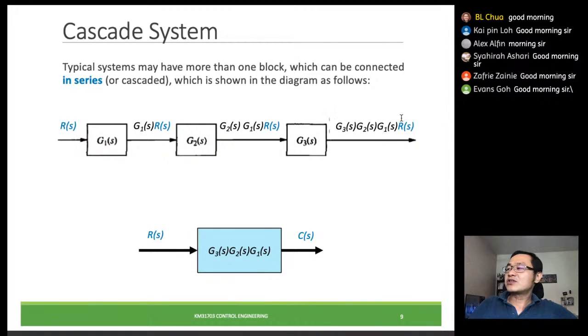Eventually the simplified transfer function will be the cascaded transfer functions of this series of block diagrams G1, G2, G3. So we can simplify this familiar cascaded system into a single block diagram as shown below. This is a way to simplify it.